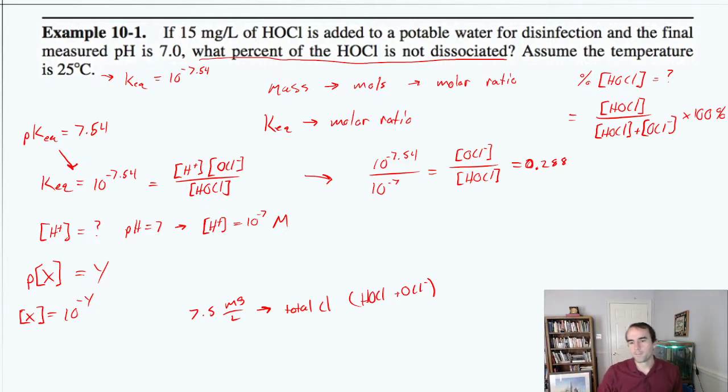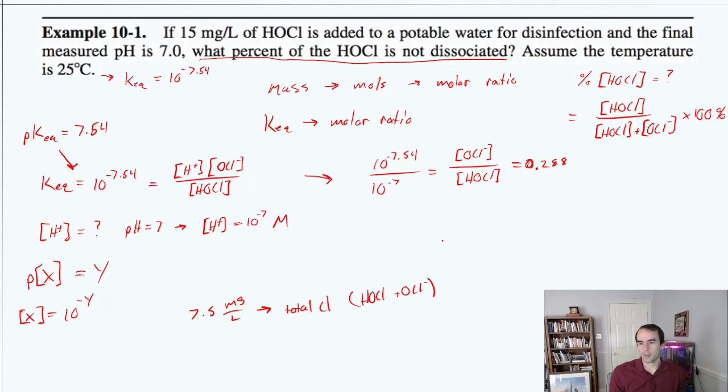Okay, so you could take that route, or we could manipulate this directly. Since we have this ratio already, we should be able to find the fraction. If you know this ratio, 0.288 OCl minuses per HOCl, then you should be able to find the percentage. It's just a matter of a little bit of algebra, right?